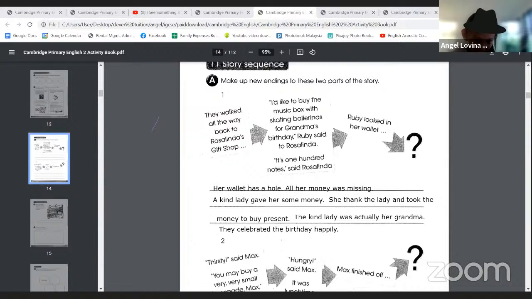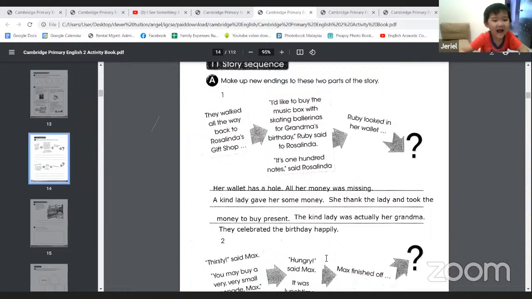Okay. Correct. All done? Have you finished copying? If you have not yet, okay, I'll wait for you. If you finish copying, you try to do number 2 by yourself first, okay? Copy this one.